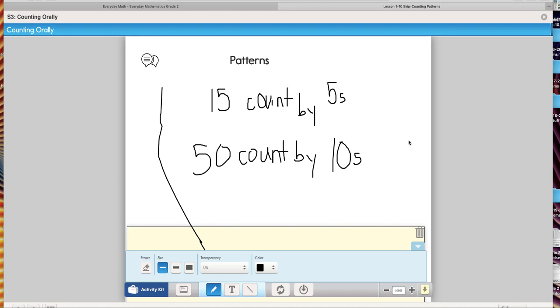All right, let me get my timer going. Here we go. 5, 4, 3, 2, 1, 50, 60, 70, 80, 90, 100, 110, 120, 130, 140, 150, 160, 170, 180, 190, 200, 210, 220.